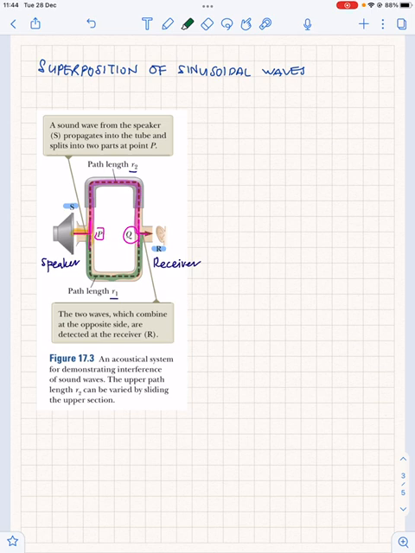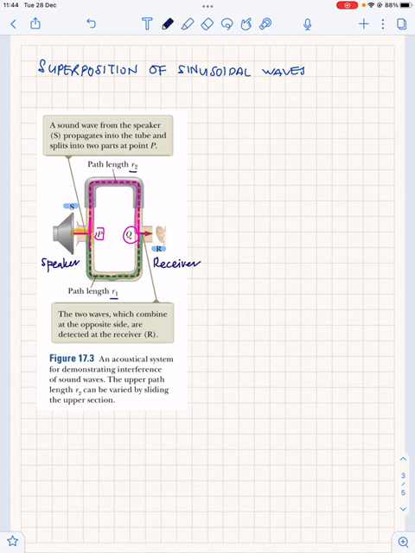Half of the sound travels upward, and half travels downward. Finally, the sounds merge at the receiver, which is the opening where the listener places the ear.